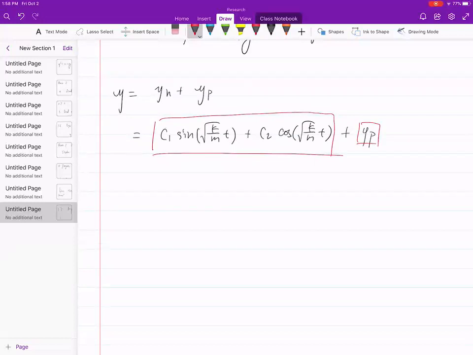Make sense so far? Okay. You can solve this yourself. It's pretty easy. But the key here becomes really interesting. What is this?